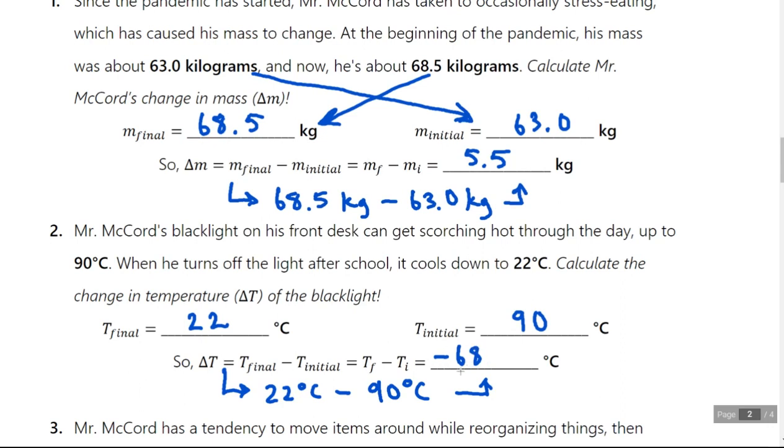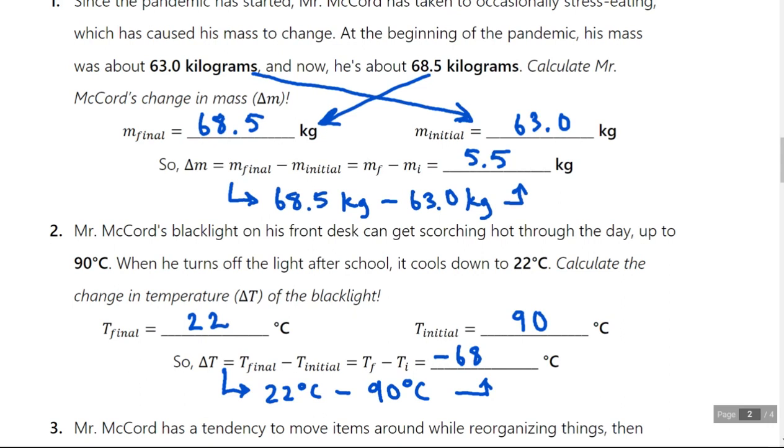That also means that if you're just told a change in some measurement, like, hey, your change in temperature was 53, that means your temperature has specifically increased by 53 degrees. You don't have to guess whether it got 53 degrees hotter or 53 degrees colder.